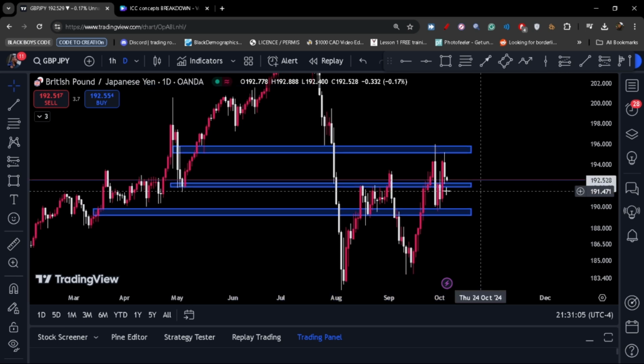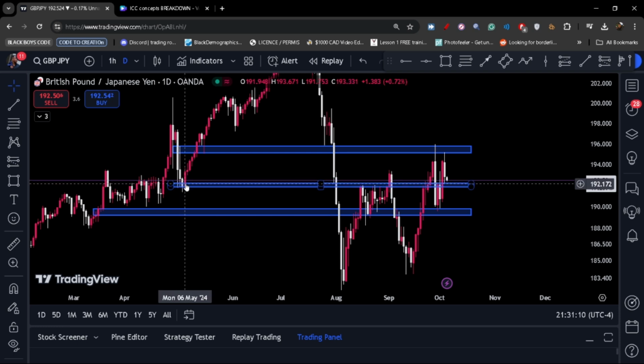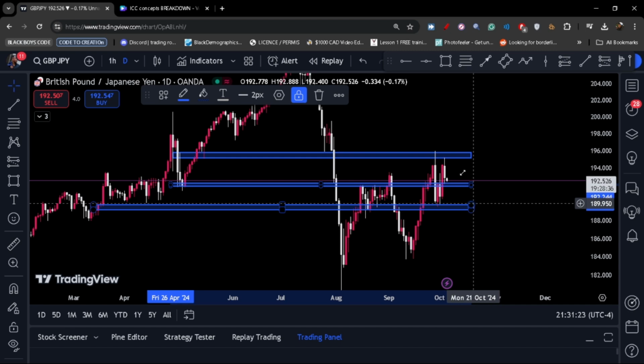So you can see there's like a mini area of interest. As you can see, above this, price was buying, right? You notice price bought here, right? Price reacted here, bought off of here too, right? And it's also reacting off of here. So this is literally what I would mark as my area of interest in the daily time frame, right?